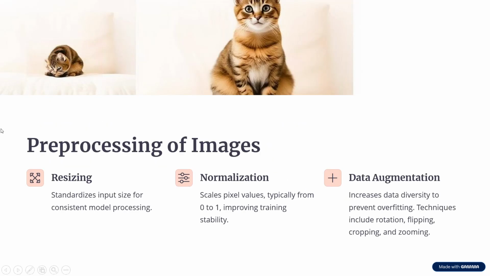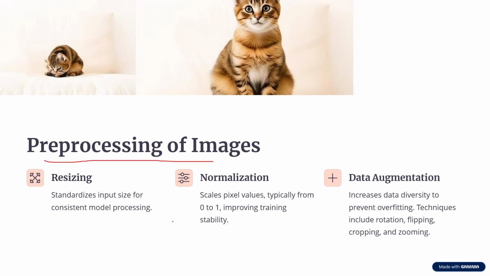The next slide is the preprocessing of images. It includes resizing, normalization, and data augmentation.